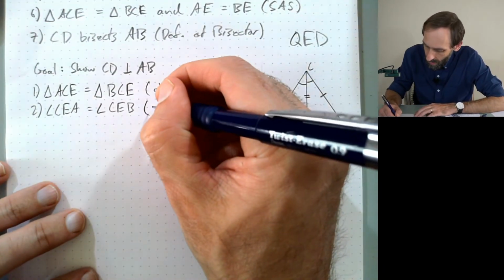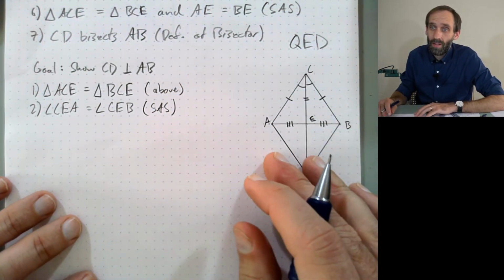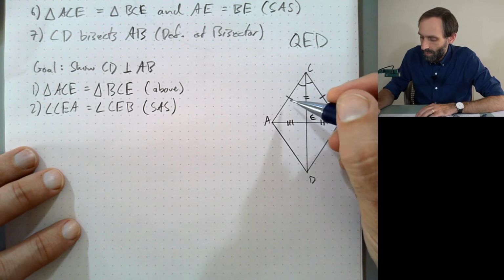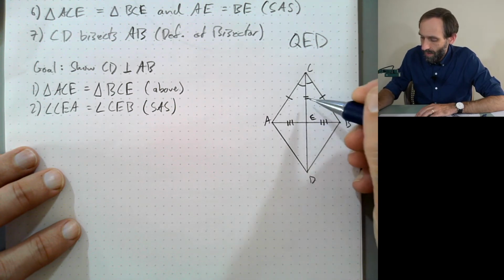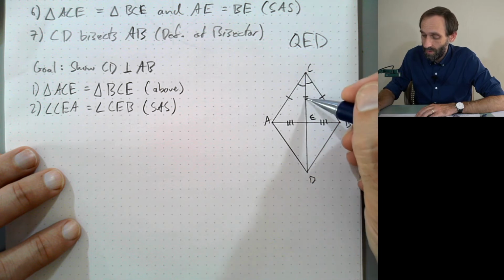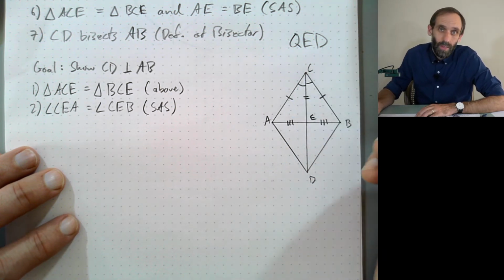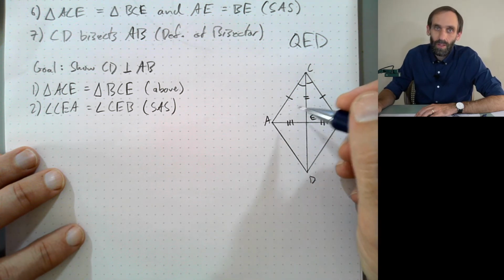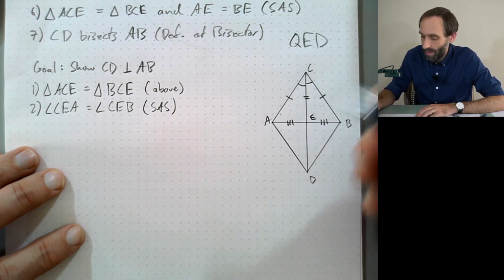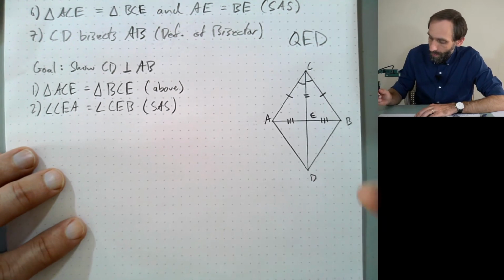So I'm going to put SAS there. SAS is basically an assumption that says if the side, the angle and the side are equal to the corresponding side, angle, and side of another triangle, the two triangles are equal and everything about them is equal, right? All the measurements, the area, the lengths, the angles, everything is equal.